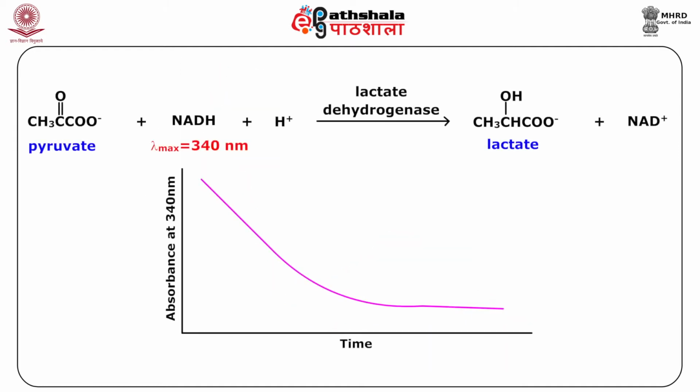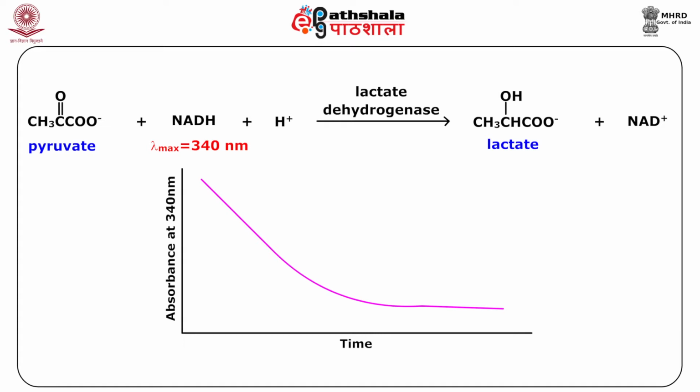Now, similarly, considering another example, the enzyme lactate dehydrogenase catalyzes the reduction of pyruvate by NADH to form lactate. Here, NADH is the only species in the reaction mixture which absorbs light at 340 nanometers.